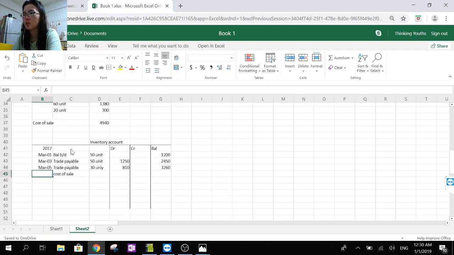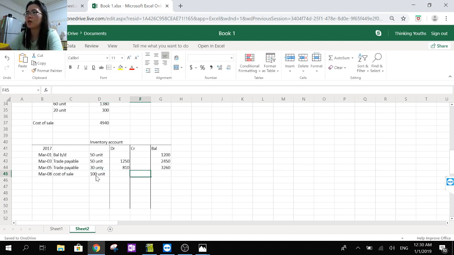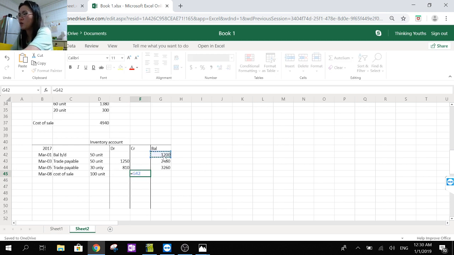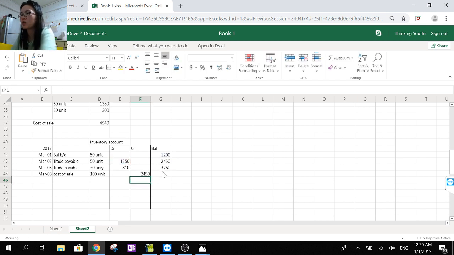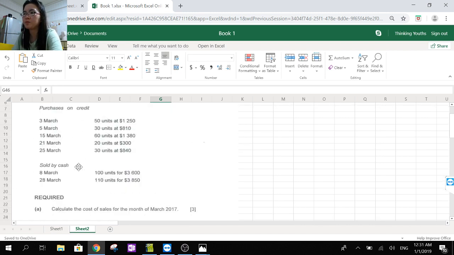Okay, you are going to sell 100 units. So the 100 units is actually a credit because it's going down. This batch plus this batch, the amount you are selling is 2450. So you have to take the balance minus, because credit is minus. So you are left with 810.